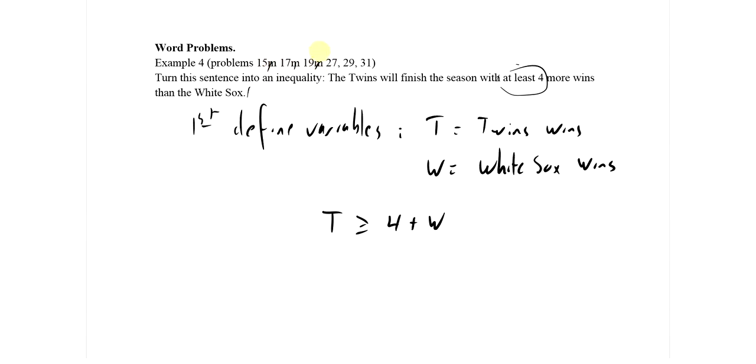So problems 15, 17, 19, 27, 29, 31, they just give you a bunch of sentences and say turn it into an inequality. Always define your variables, and then second, find the inequality. At least, right, greater than or equal. At most also would be the less than or equal, and you just sort of need to figure out what the inequalities are going to be.